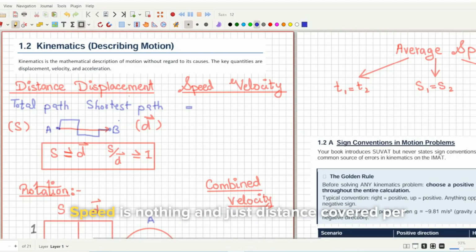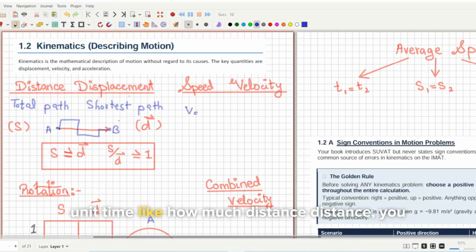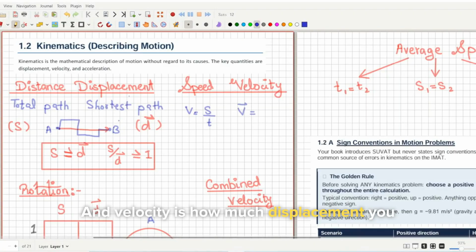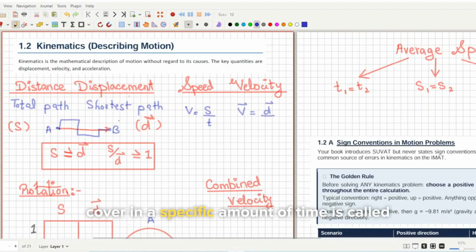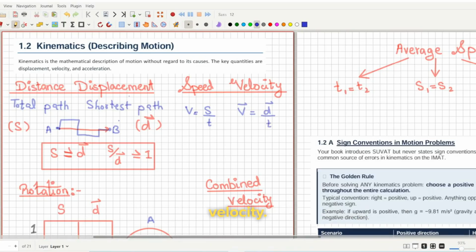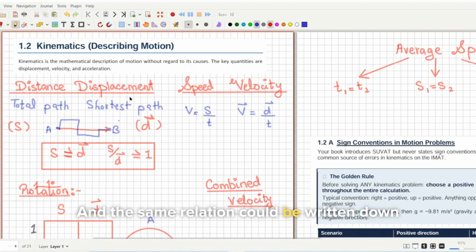What is speed? Speed is just distance covered per unit time, like how much distance you cover in a specific time is called speed, and how much displacement you cover in a specific amount of time is called velocity. As we talked about, speed is a scalar quantity and velocity is a vector quantity, and the same relation could be written down for speed and velocity.